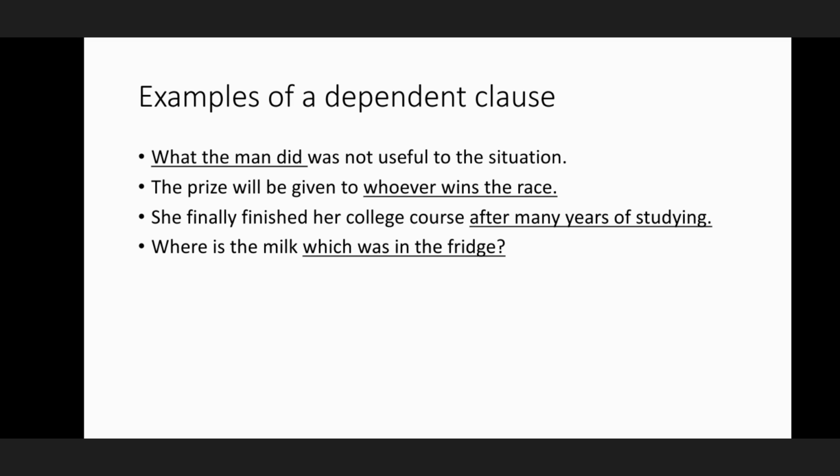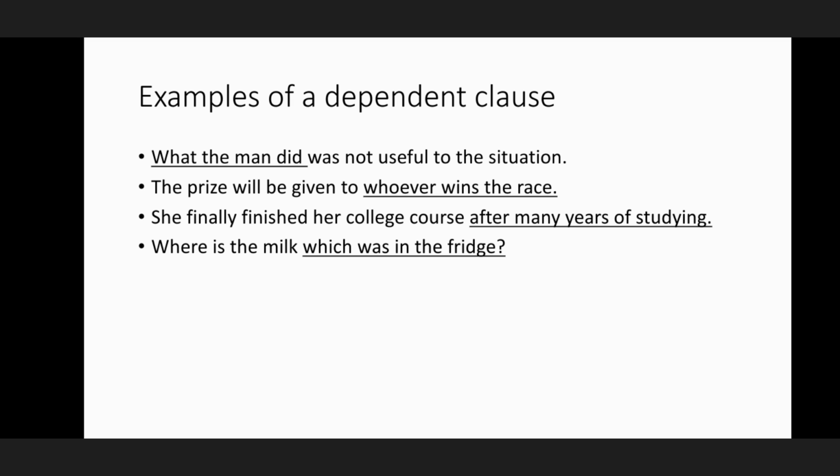Now, sentence number 4, which is the last one. Where is the milk which was in the fridge? So in this last sentence, we have a main clause and a subordinate clause joined together to form a complete sentence. Where is the milk?